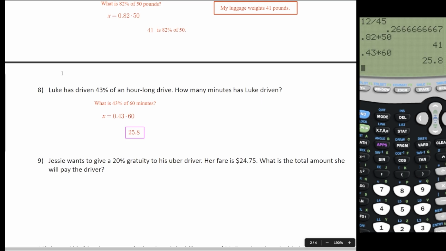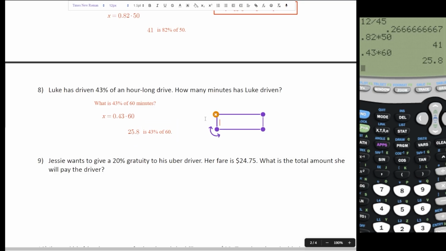So 25.8 is 43% of 60. So how many minutes has he driven? Well, he's driven exactly that many minutes. So Luke has driven 25.8 minutes.